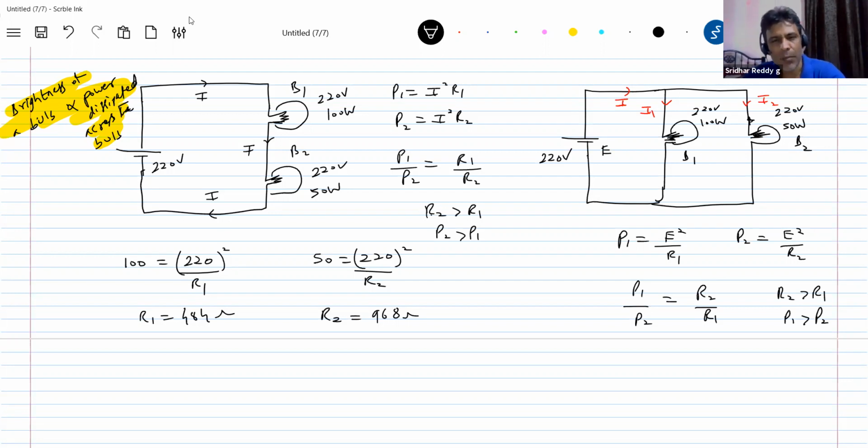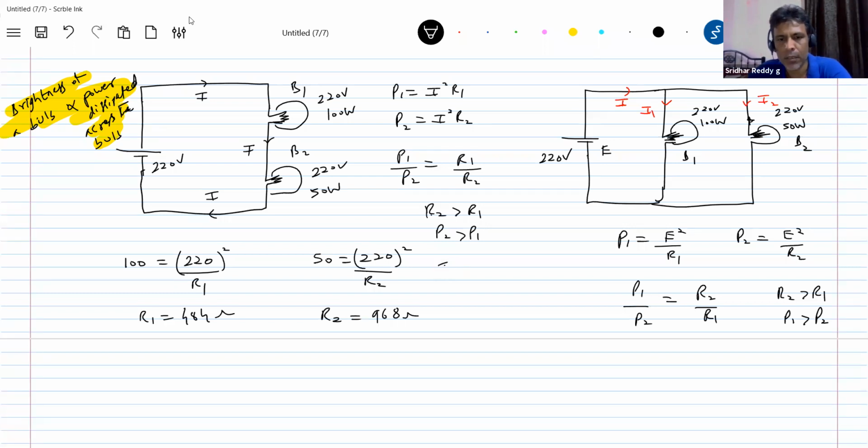When they are connected in parallel, which will have more brightness? The one which has the higher power rating. When they're connected in series, the one which has the lower power rating will have more brightness. I'm just comparing series and parallel here. The same bulbs, when connected in series and parallel, which will have more brightness? Here, in parallel, the 50 watt bulb will have more brightness.